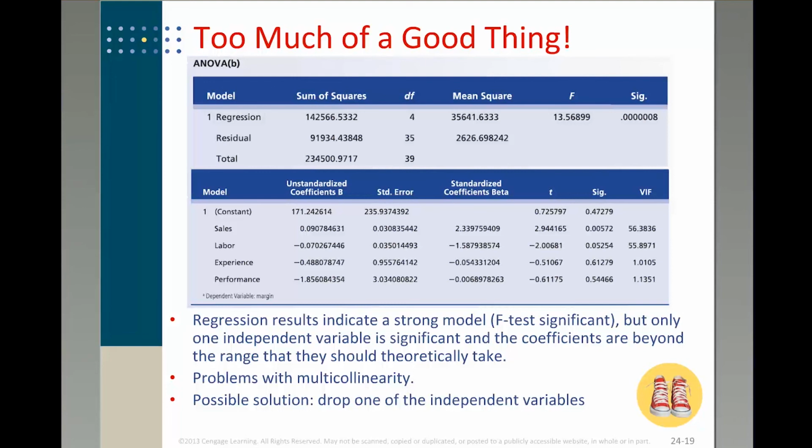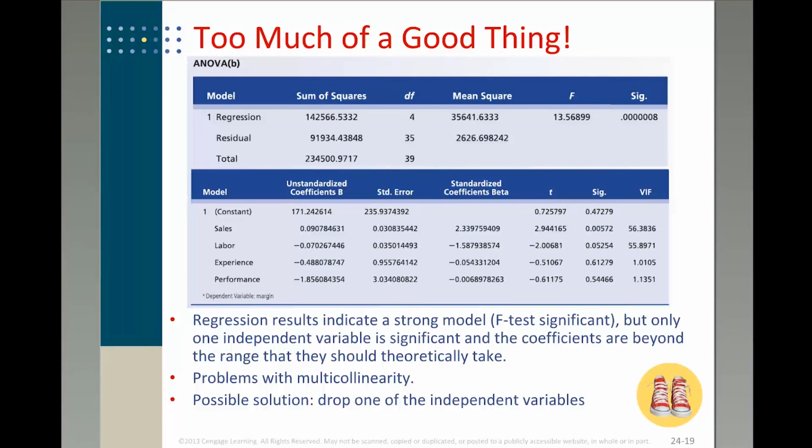But then when I look at the individual coefficients, there's only one independent variable, which is sales, that is highly correlated with Y. And for the rest of them, they are not significant at all. So you may wonder what's going on. According to the F-test, the model is great, it's valid, but when I expect the variables to be highly correlated to Y, they are not. This is something we call multicollinearity. That's the potential cause of the situation right here.